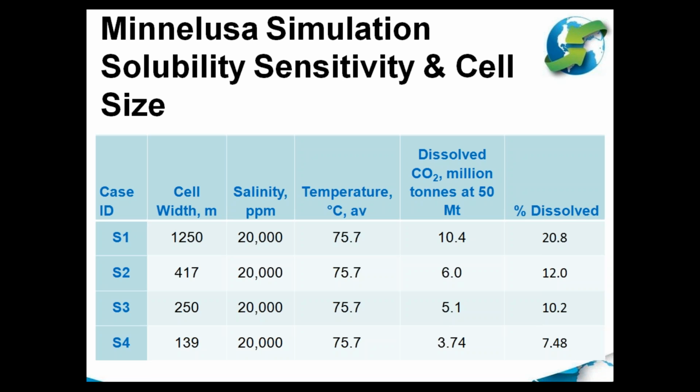So again, trying to estimate capacity, which does vary, as you can see from the column of the dissolved CO2, depending on the assumptions you make with the model, will affect the capacity estimate. Now, of course, with a greater number of cells, there is higher demand on computational resource. So there's always going to be a compromise with the assumptions that are made.